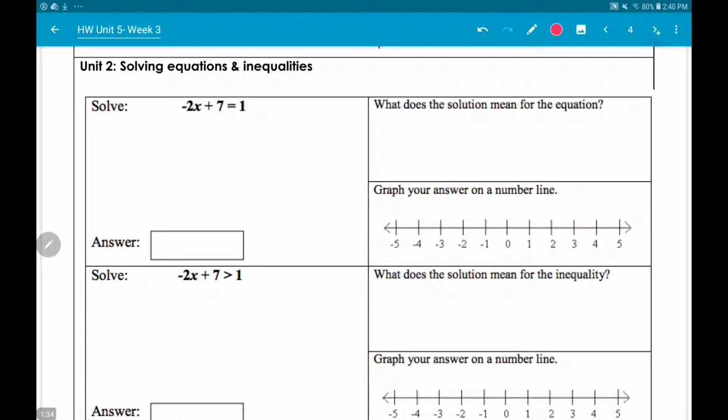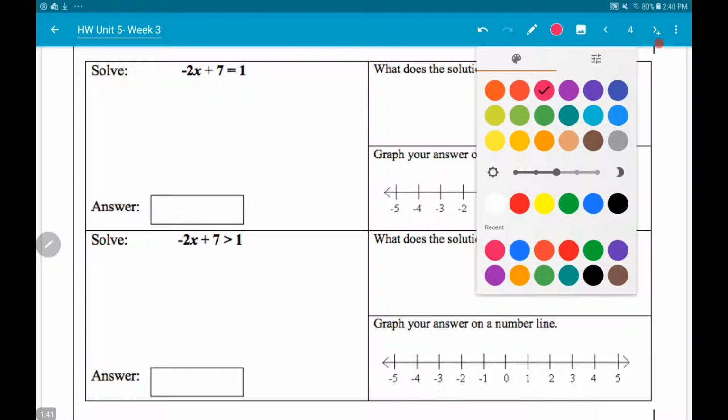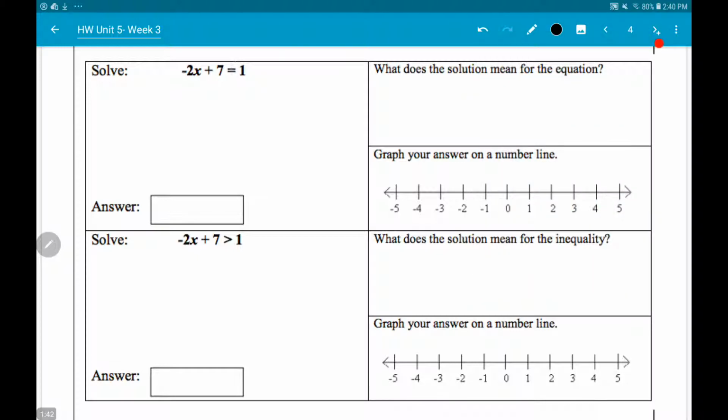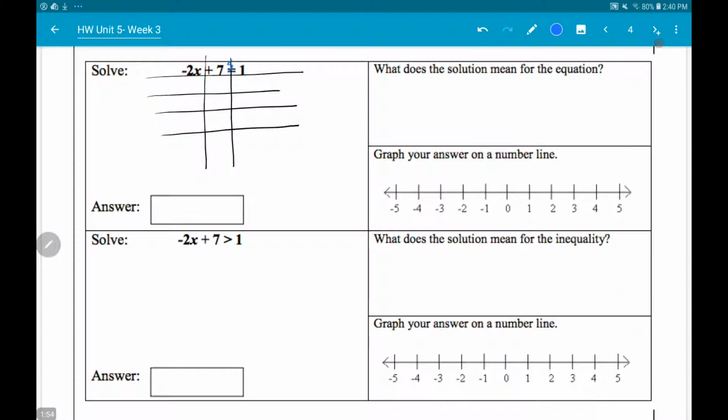Unit 2, solving equations and inequalities. If you remember, we had our little graphic organizer. Now I don't have a graphic organizer on this paper, but I'm going to draw one in. All right, so here is my line of equality.